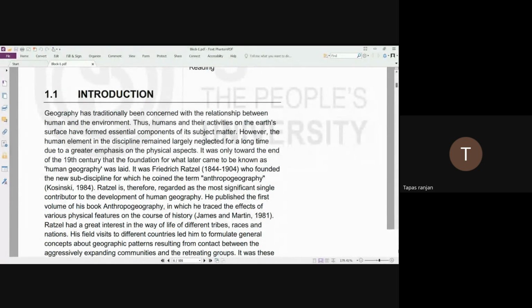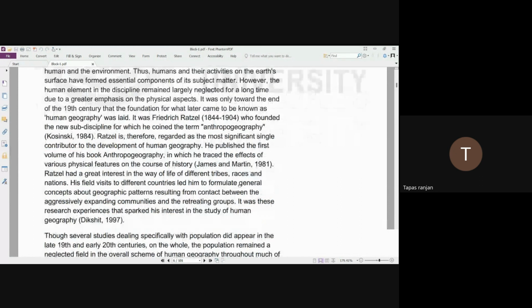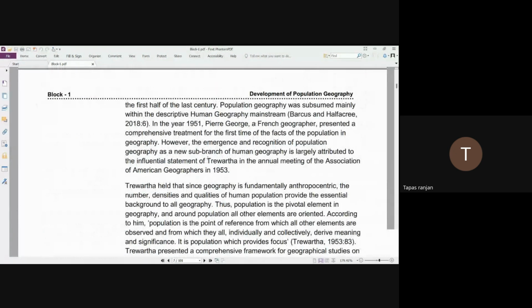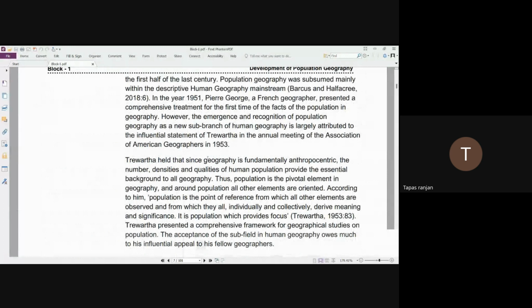Then in the mid 20th century, population became the center of geography. The different definitions, and the history of how population has been included in geography, are given here, so you can go through it. If you have any problem, you can ask me later.